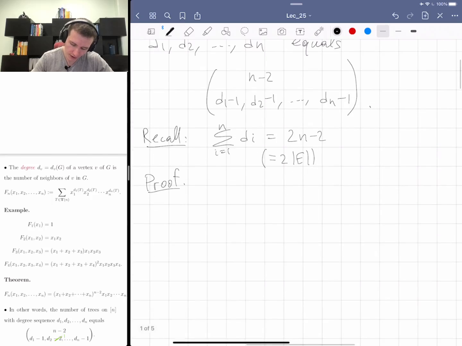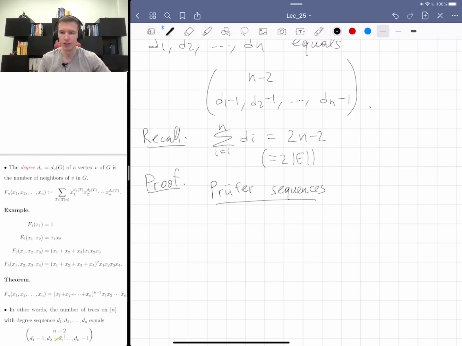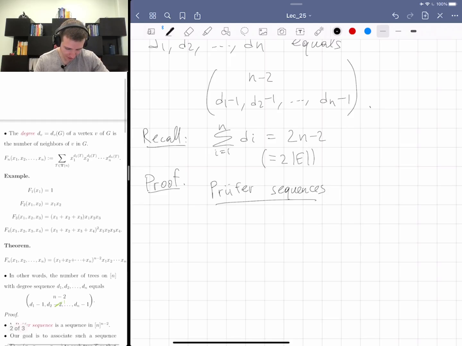And the proof is going to use Prüfer sequences. So yes, Prüfer's code. That is the idea. And apologies to those of you who already know it from your computer science background.